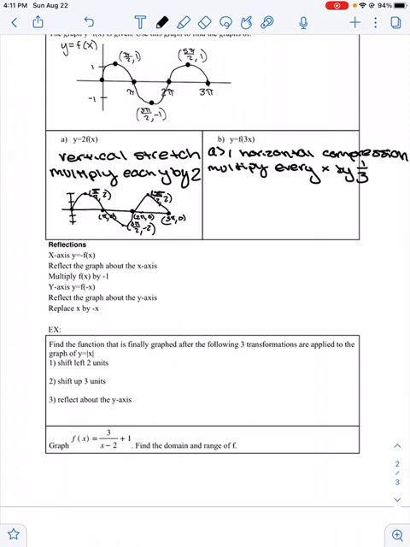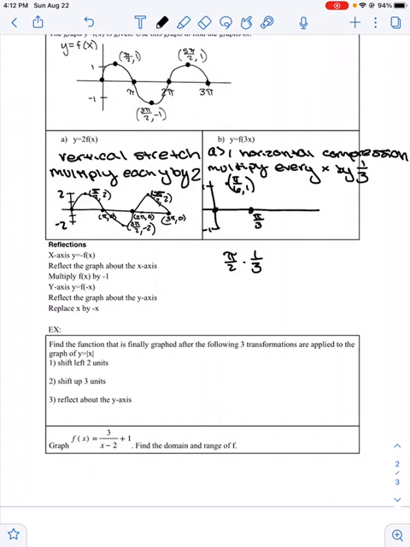So I'm going to start our graph. 0, 0 stays the same, but pi over 2 times 1/3 is now pi over 6. So pi over 6, 1. And then pi is now going to be pi over 3.